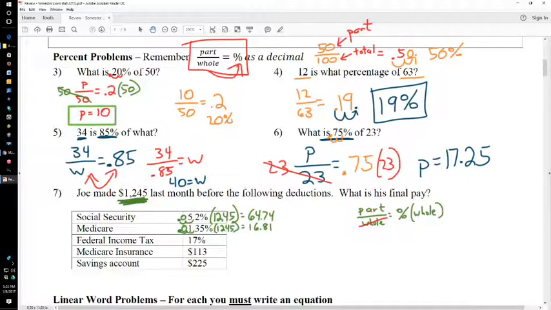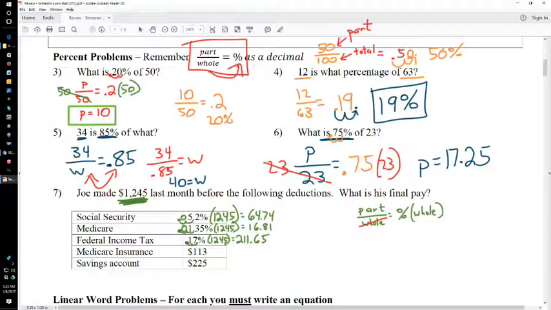Federal income tax, I said 17%. So move the decimal point twice, so 0.17. So the percentage times the whole, 0.17 times 1245 equals $211.65.